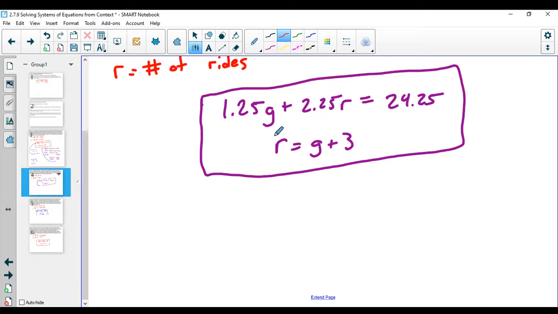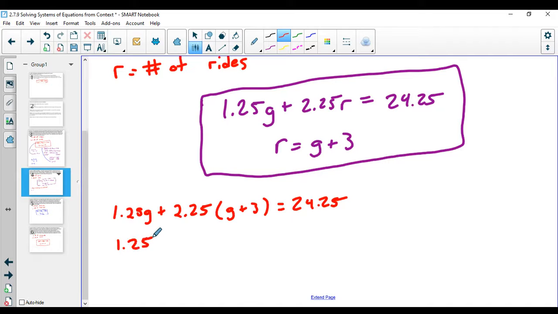And again, R is already solved for in this equation, so I am going to do substitution. I have 1.25 times the amount of games I've played plus 2.25 times R, which down here we said R is G plus 3, equals 24.25.